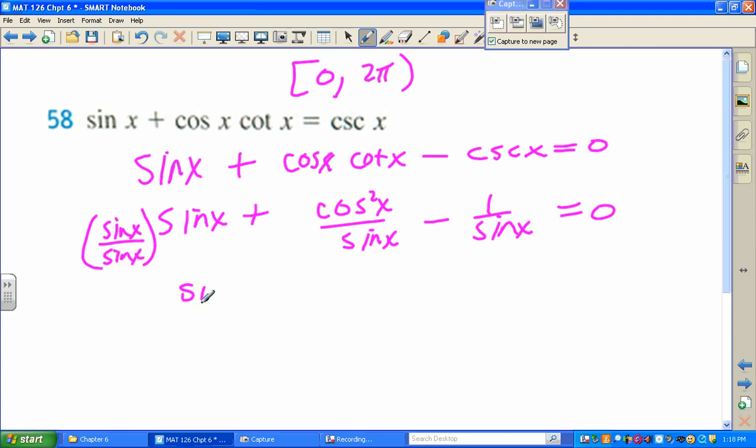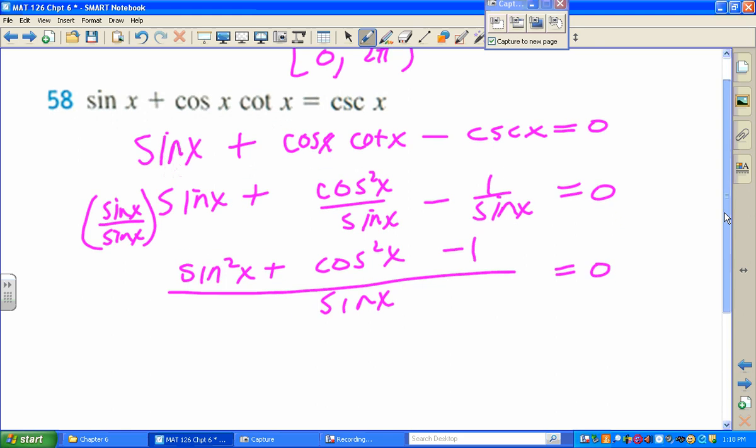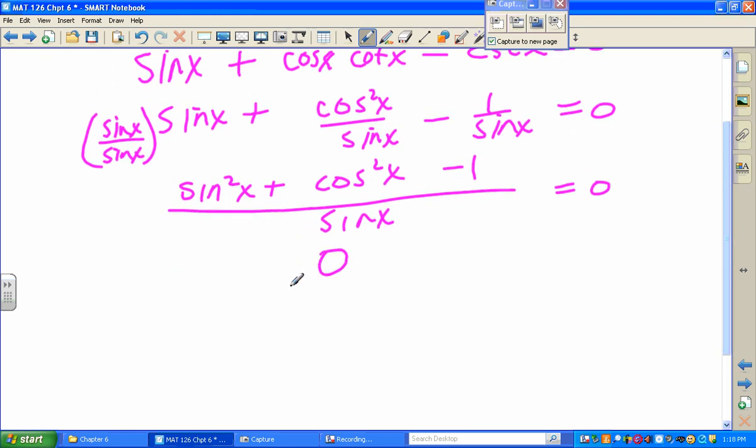So I have sine squared plus cosine squared minus 1 all over sine of x equals 0. Equals 0. I know. 0 over sine of x equals 0.